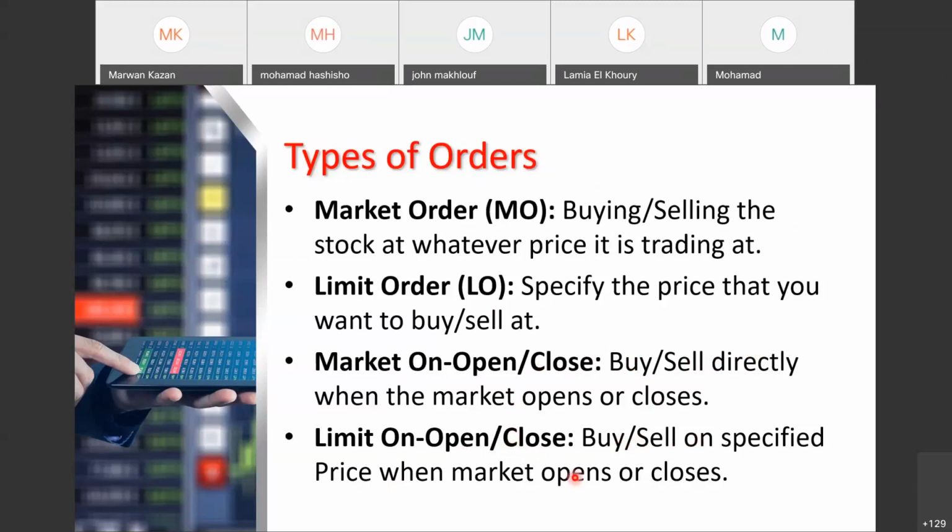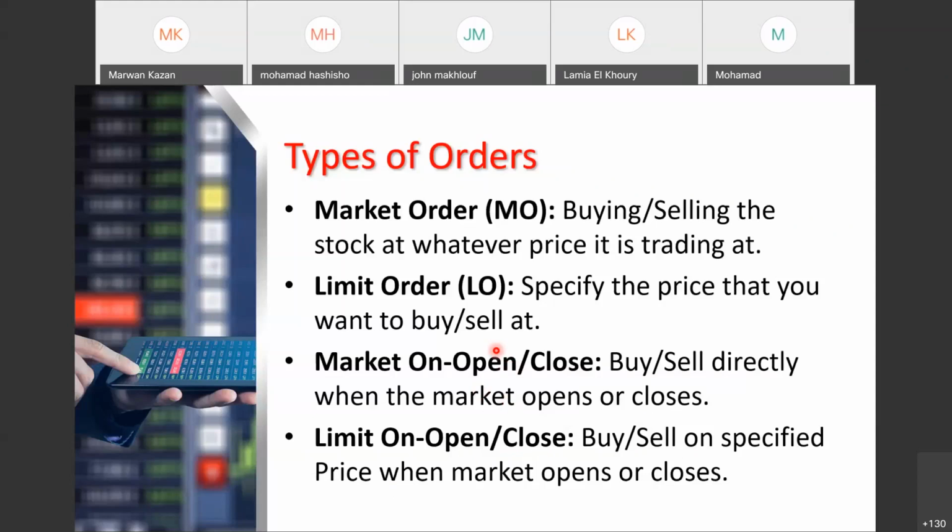Now, why here do you specify a price, when both of them are on open or on close? The difference is that sometimes something called slippage happens. You want to buy at $100, but suddenly the price drops to 99.5.